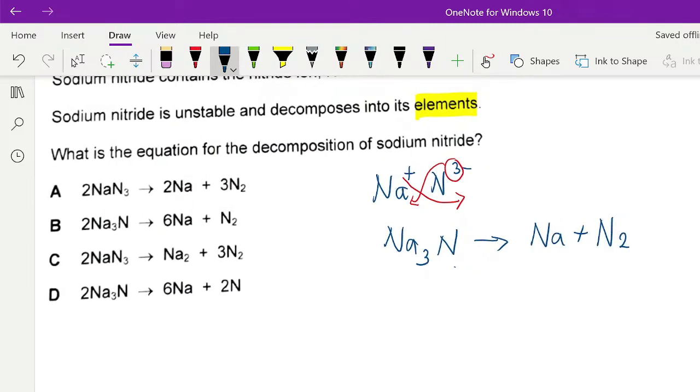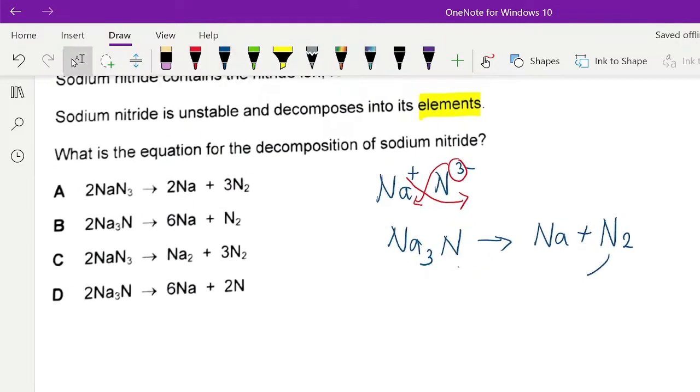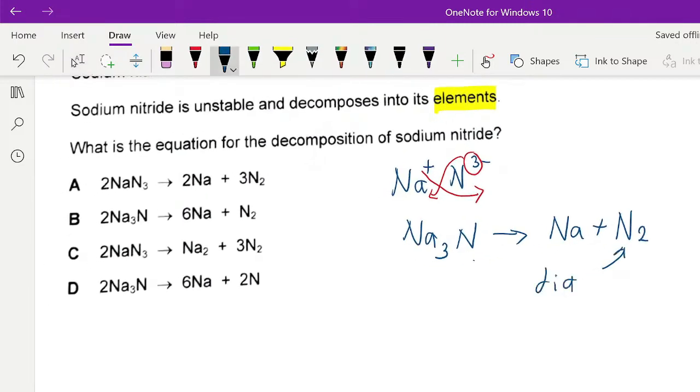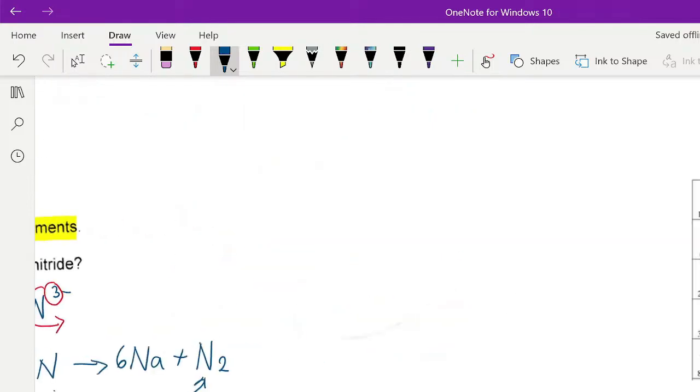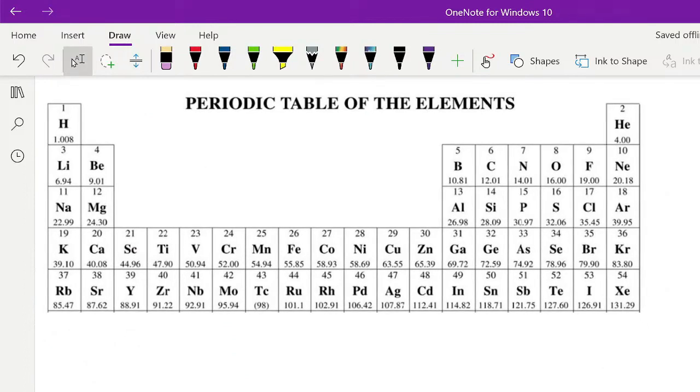Now we know that nitrogen is a diatomic molecule. So it's like oxygen. You always write it down as O2. Now we have to balance this whole thing. 6 over there. And so it's B. Let's talk a bit about diatomic molecules.